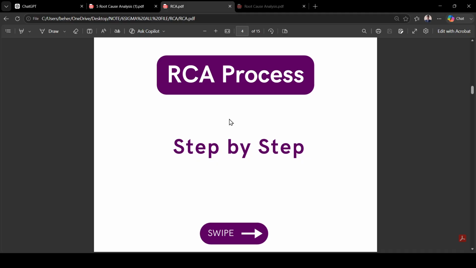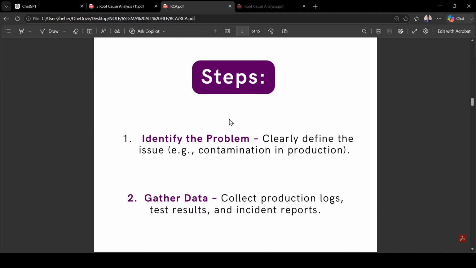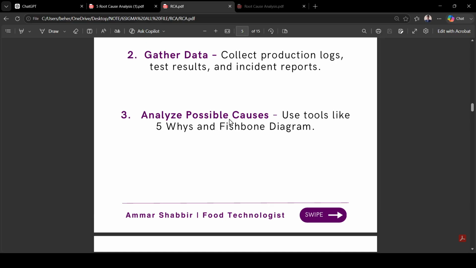Then the RCA process, step by step. Step one is to identify the problem. Clearly define the issue, for example contamination in production. Gather data: collect production logs, test results, and incident reports. Analyze possible causes using tools like the five whys and the fishbone diagram.